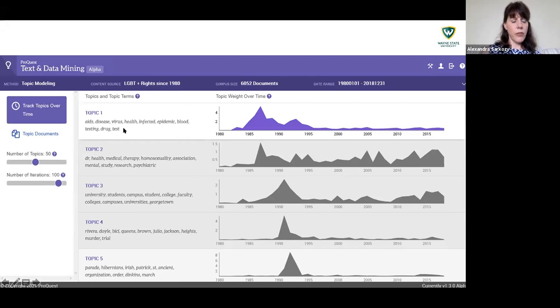But we see that the first topic is AIDS, disease, virus, health, infected. And for anyone not familiar with topic modeling, what this is, in one sentence, is the algorithm finds documents where these words are likely to be in the same document, or they're likely to be collocated, however you chop up your corpus. And then as we see over here, we see the topic weight over time.